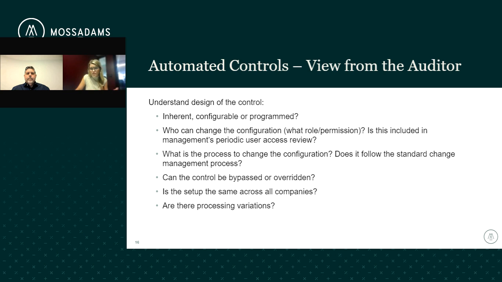If so, we would need to look at each instance of that control to make sure that it's set up in a similar fashion. And then, are there processing variations to the control? This may be similar or come up in a workflow where there are many decision points along the path of that workflow that can take that information off in different ways. So there are different ways in which something can be processed. We need to understand what all of those processing variations are.